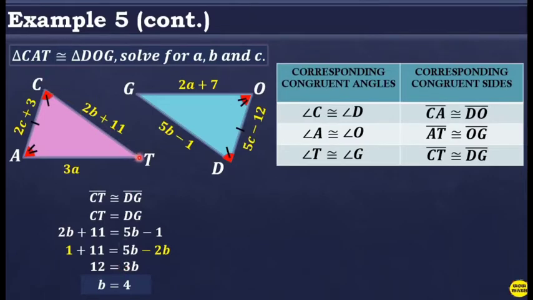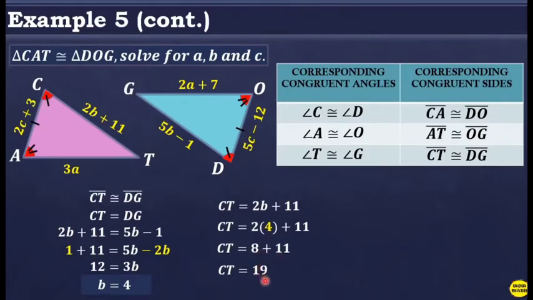Yung CT natin ay 2B plus 11. So, isubstitute natin yung B doon sa measure ng ating CT. So, dapat kapareho niya ng sukat yung DG. So, substitute natin si 4. So, we have 2 times 4, that is 8 plus 11, that is 19.